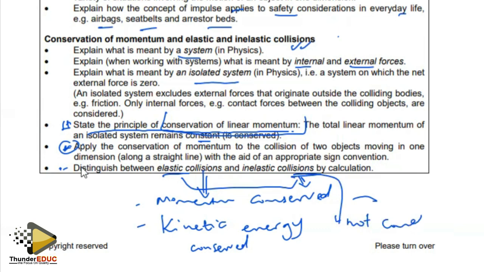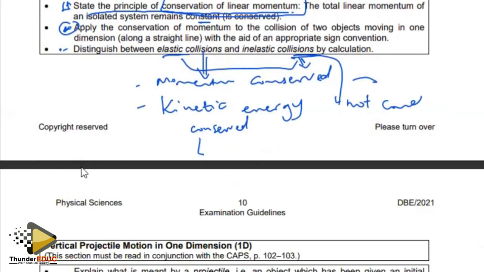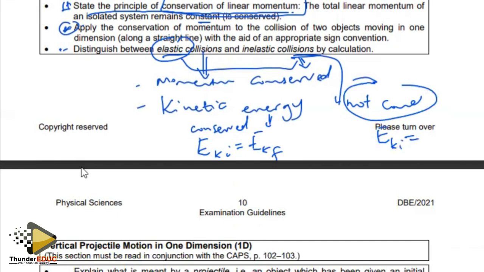So what we mean by this is that the EK initial is equal to the EK final when we're talking about elastic collisions. If it is inelastic, the EK initial is not the same as the EK final. Reason for that, there's probably loss of energy through sound, through heat, or even light. That's why the energy will not be conserved and bodies will be considered inelastic if this condition is met.